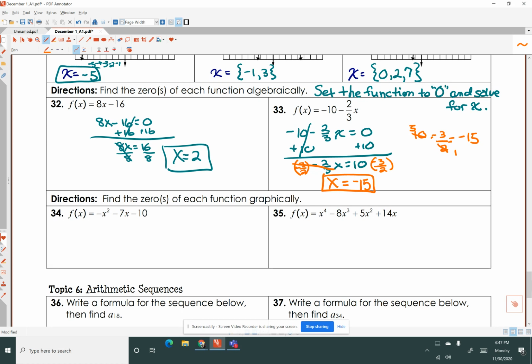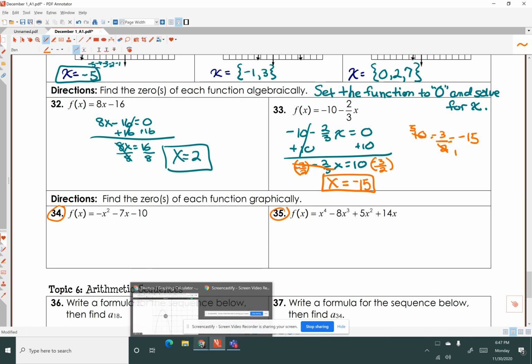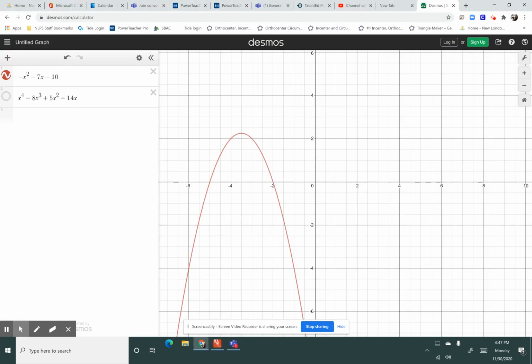Now, in this next set of problems, number 34 and 35, we are asked to find the zero of each function graphically. So what I've done is I graphed them using Desmos. So if I look at this, I have a 0 here at negative 5, 0, and negative 2, 0.